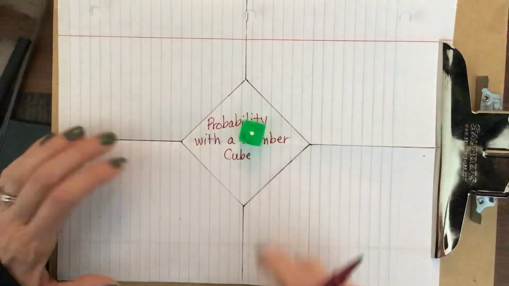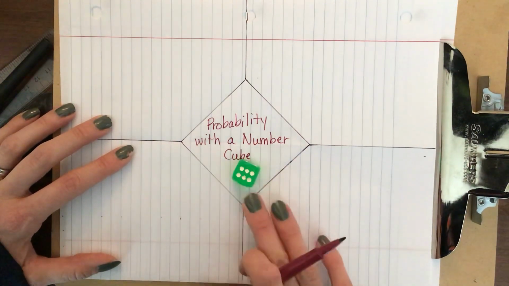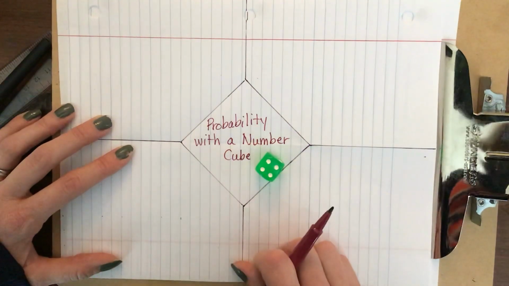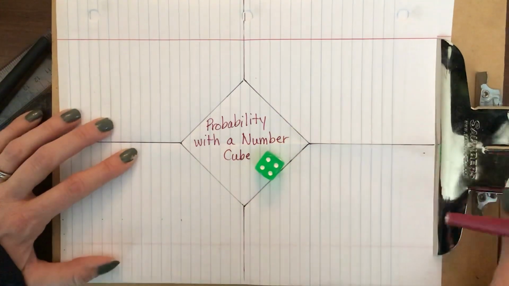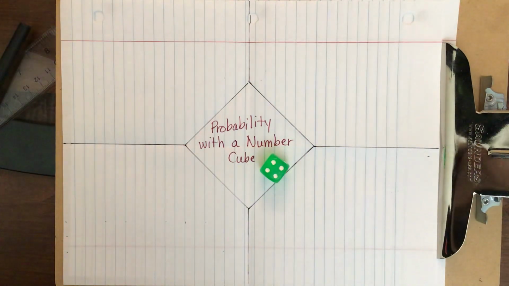I'm sure you're all familiar with the number cube. It has 6 sides and the numbers 1 through 6 on each side. Every number is equally as likely to be rolled, so that makes it kind of a cool probability thing to look at. So we're going to start with the problem here.